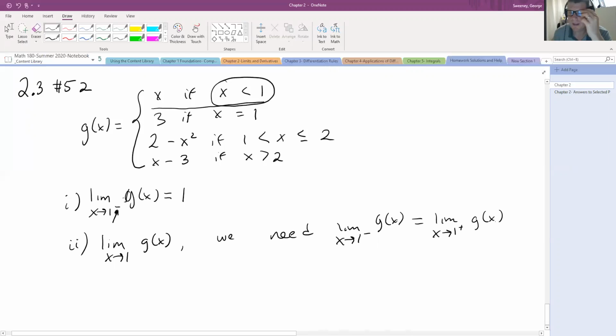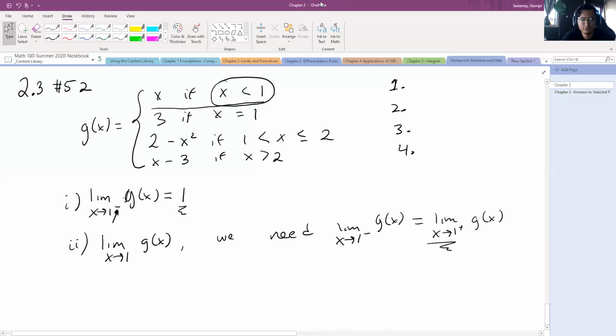Now, we've got to check. We know the one from the negative side is going to be 1. We need the one from the positive side. Let's call these number 1, number 2, number 3, number 4. Which one of those is actually going to tell me the limit as x approaches 1 from the positive side?